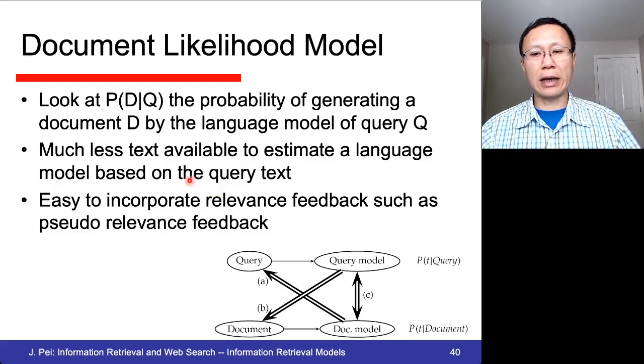In order to estimate the query language model, one thing we can do is incorporate relevance feedback, such as pseudo-relevance feedback, to enrich the information associated with the query so that we can still get the query language model.